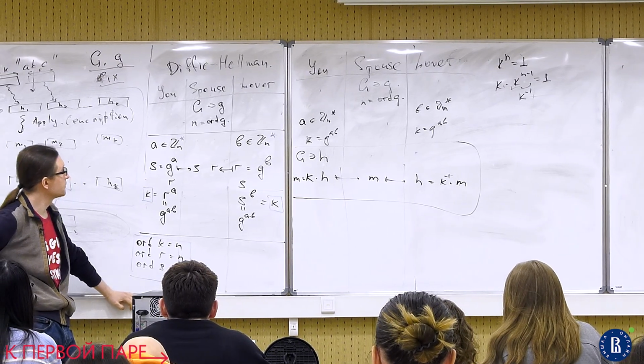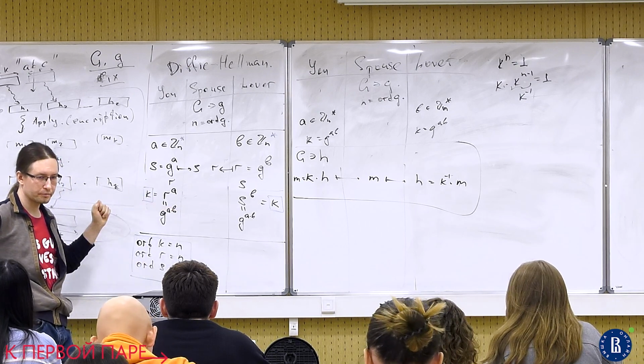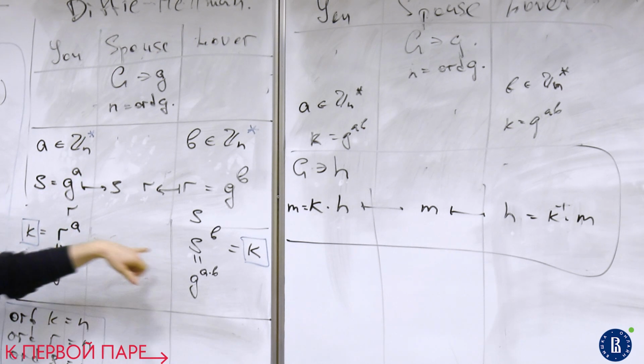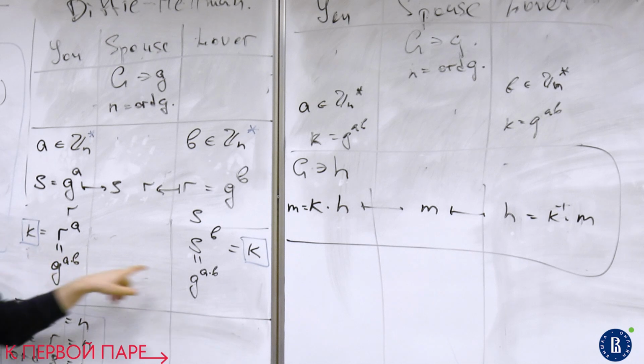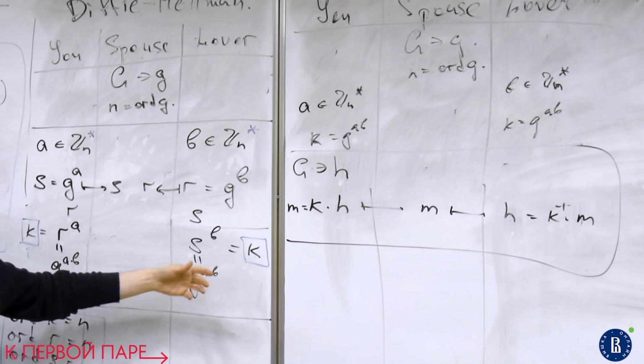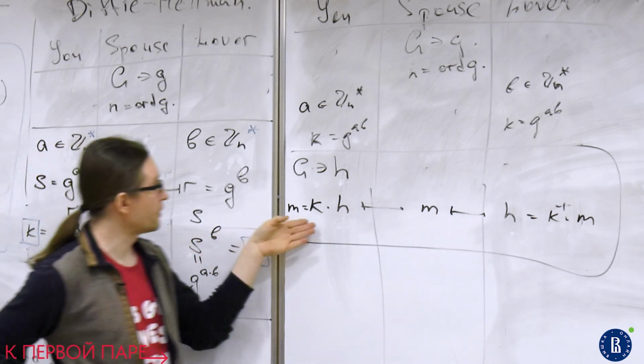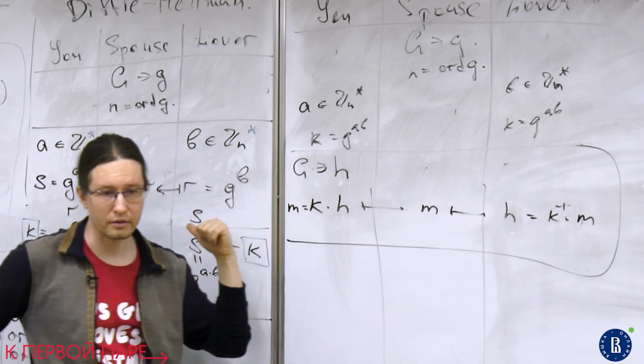So in this case, we have a two-way communication. It doesn't matter who wants to send a message, because you and your lover both have this secret information, and you use this information in order to encode and decode the messages. And you can send them in one direction and in the other direction.